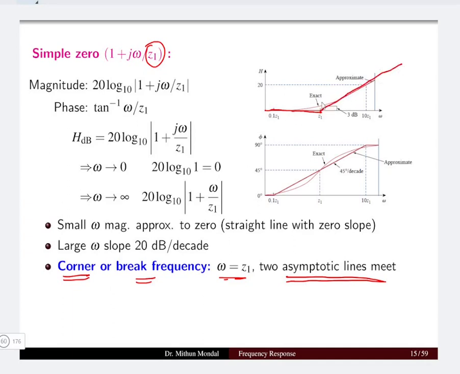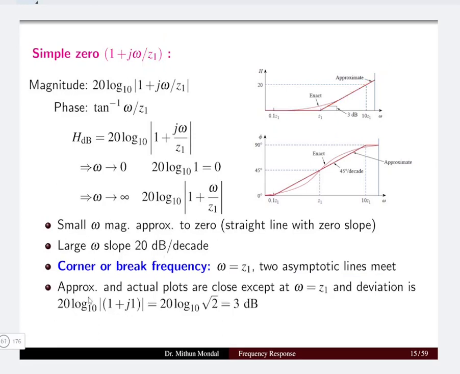The point where the two asymptotes meet, that is the zero z1, is known as the corner or break frequency. Now there are two plots, one known as the approximate plot and the other the exact plot. We are basically going by the approximate plot method.